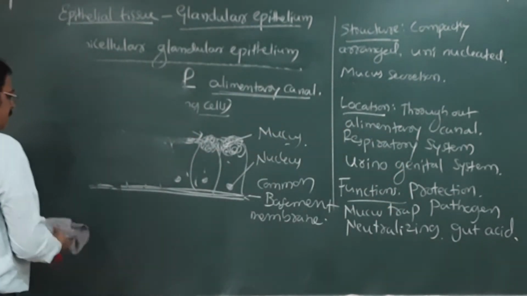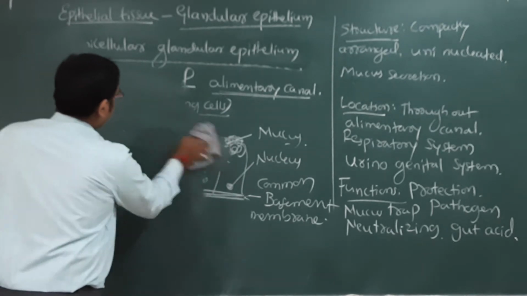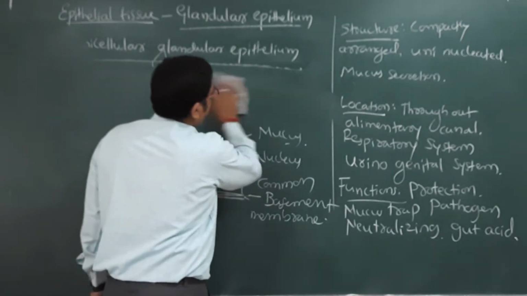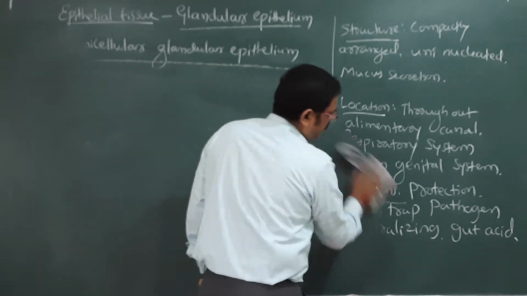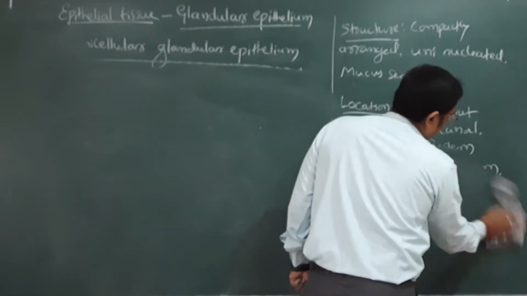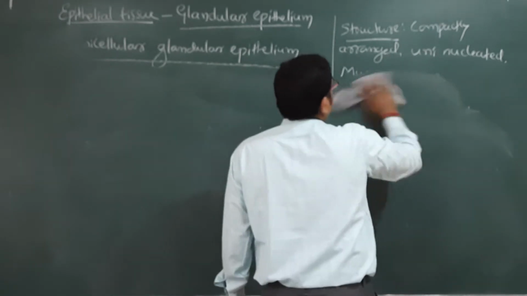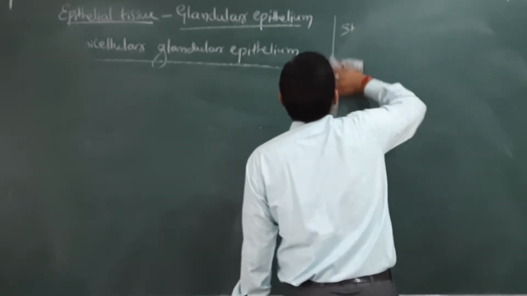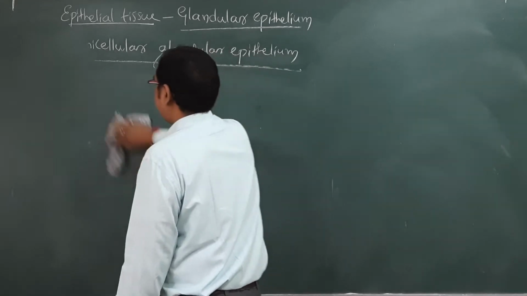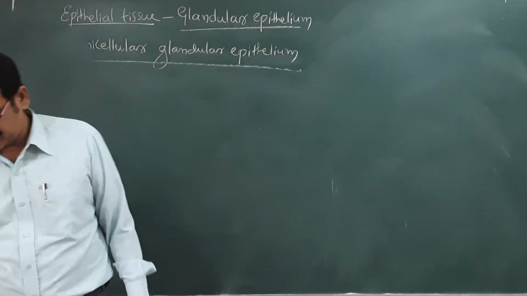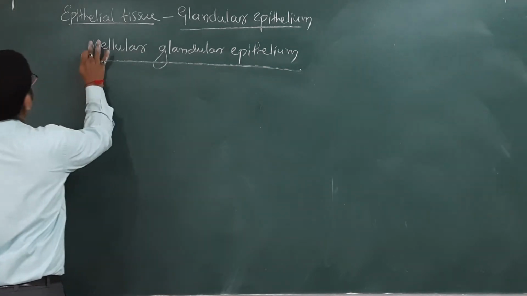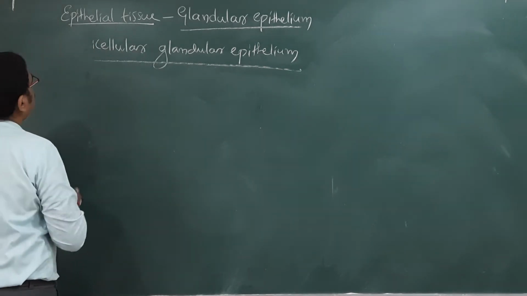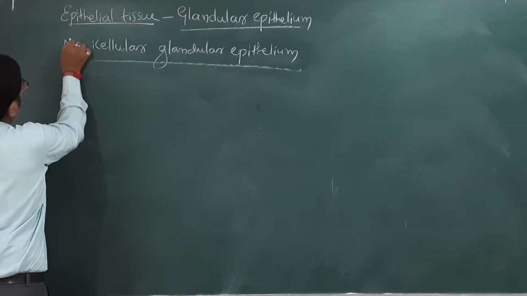As we have seen, single cells that are properly arranged we call unicellular. But when we talk about multicellular glandular epithelium, there are clusters of cells.